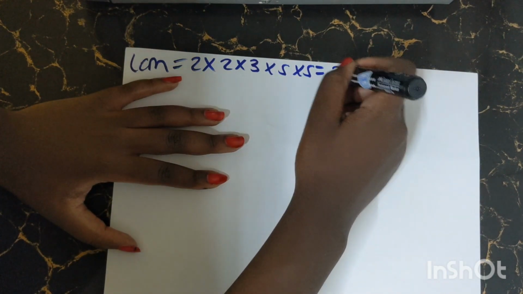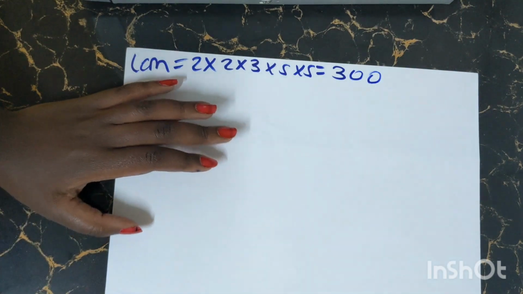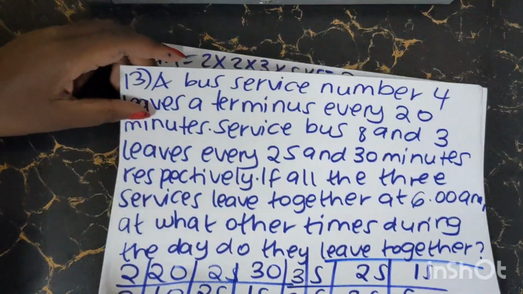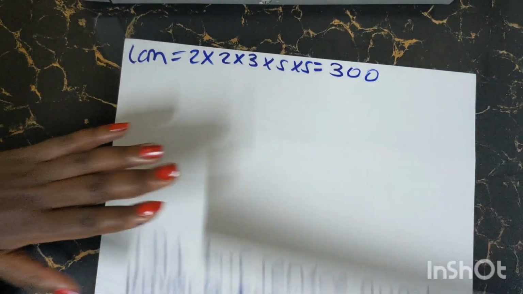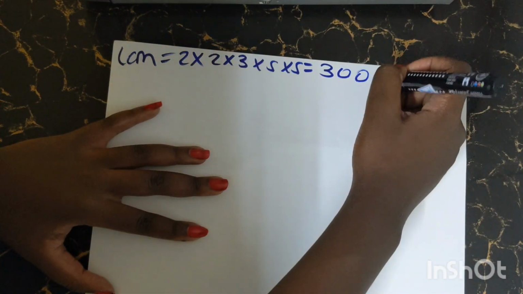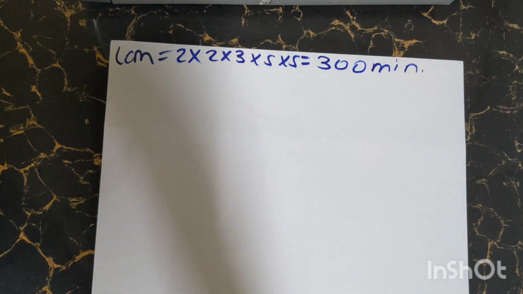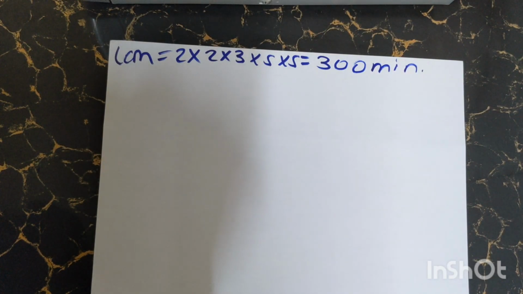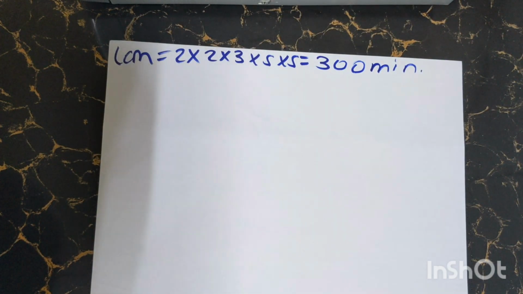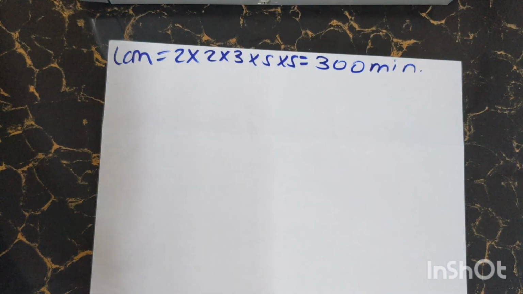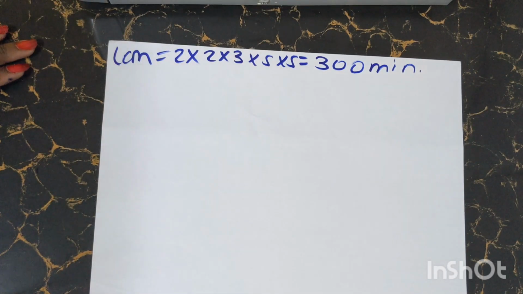Okay? 300. And remember, this is in minutes. So we'll remember to write our minutes here, because it's always important to include the minutes. All right? Yes. So the LCM is 300 minutes.